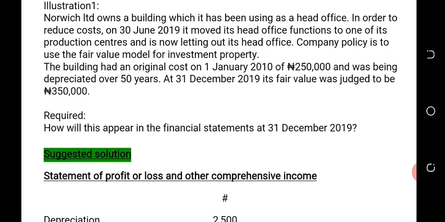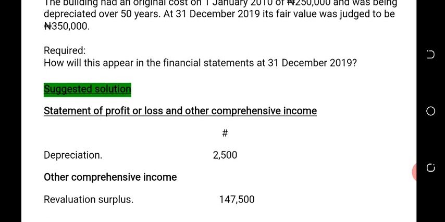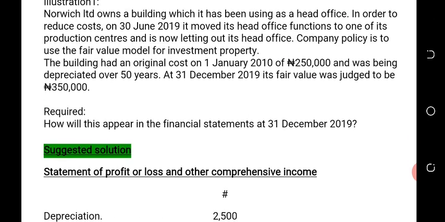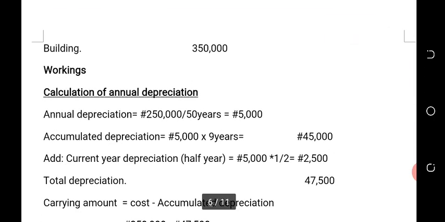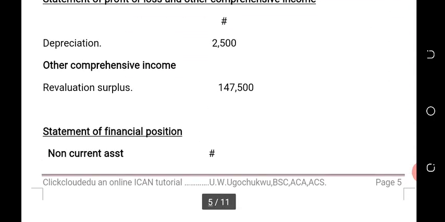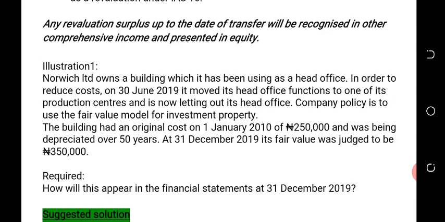But if you use mathematics, you get 9 years, which is not right, because 2010 will be the first year, and then 2019 will be the tenth year. Now, the day of transfer of usage was 30th of June 2019, which is not December 2019. So it will be 9 years and 6 months, when it is being used as owner occupied property.